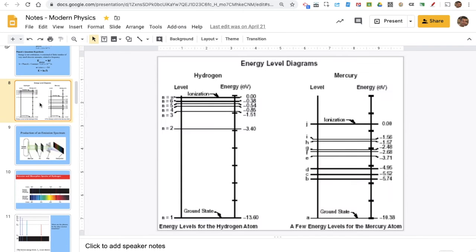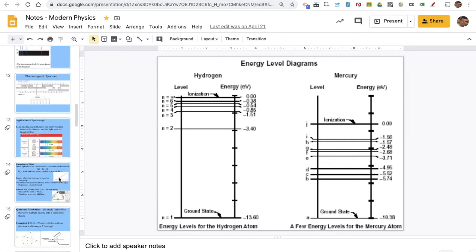So if we're specifically looking at hydrogen, that work function or ionization energy would be 13.6. If I put in 15 electron volts of energy, it would have enough energy to bump the electron out of its orbital, and it would be carried away with the leftover, which is 1.4.